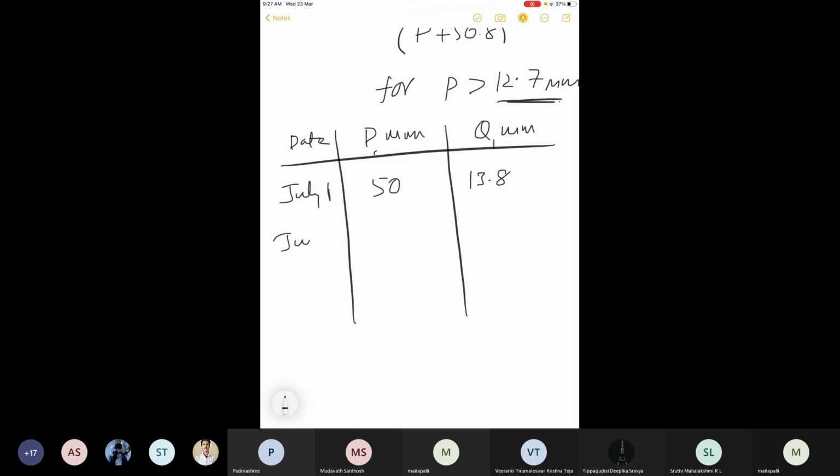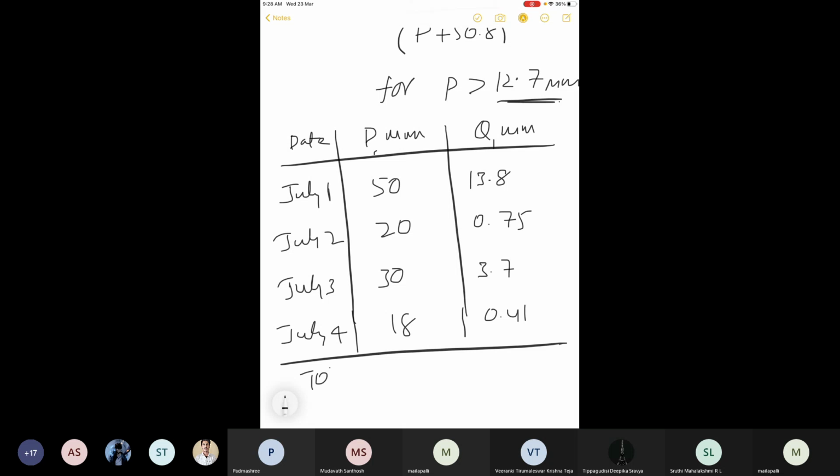For July 2, 20, using this equation you find 0.75. July 3, 30, and when you use that equation you get 3.7. July 4th, 18, and this is 0.41.